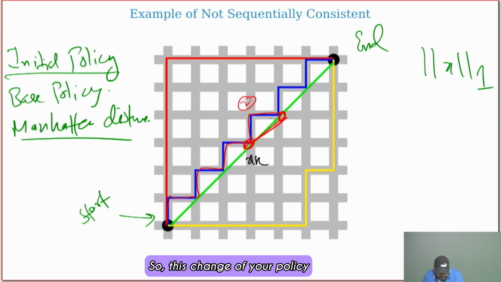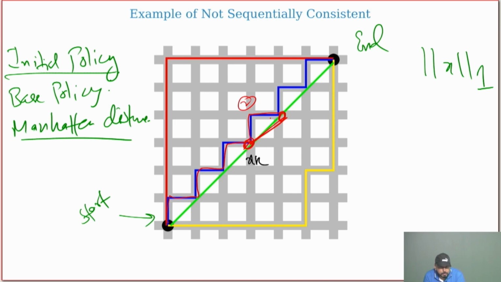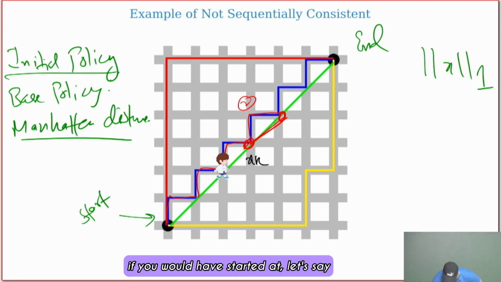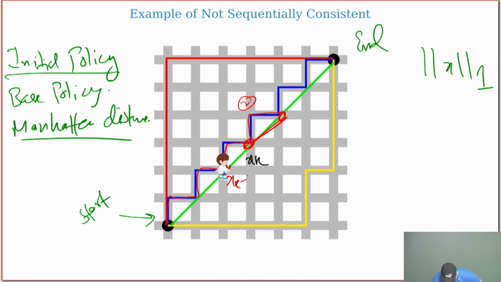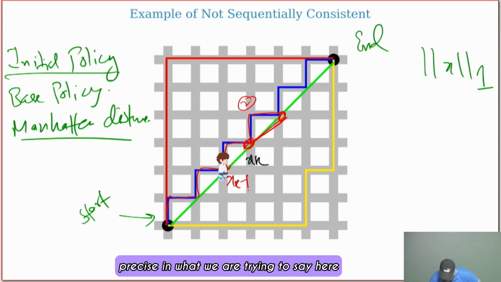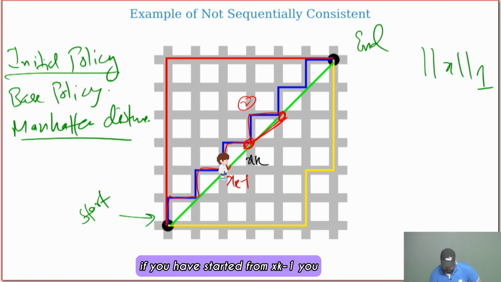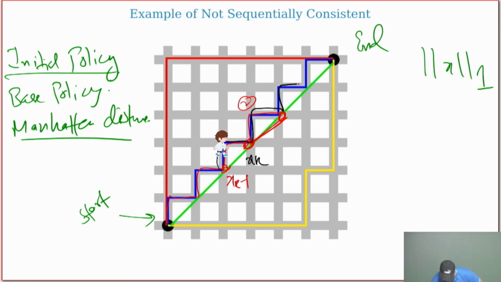So this change of your policy was made at xk, whereas if you had started at xk minus 1, to be very precise about what we are trying to say here, you followed the Manhattan trajectory until the end.